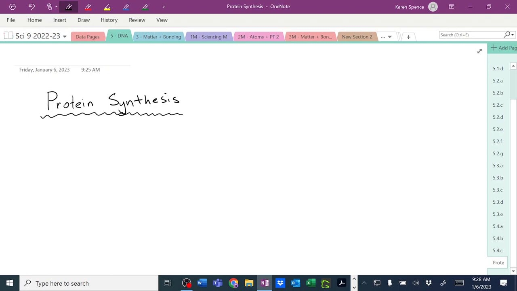So the title we're putting at the top is Protein Synthesis. And it's made of two parts. There is transcription and there is translation.